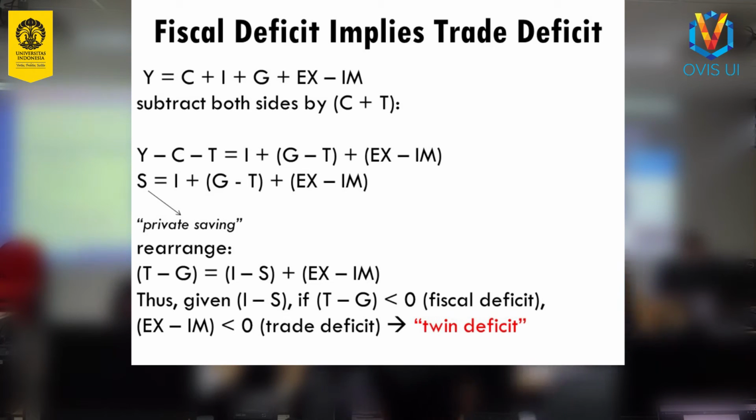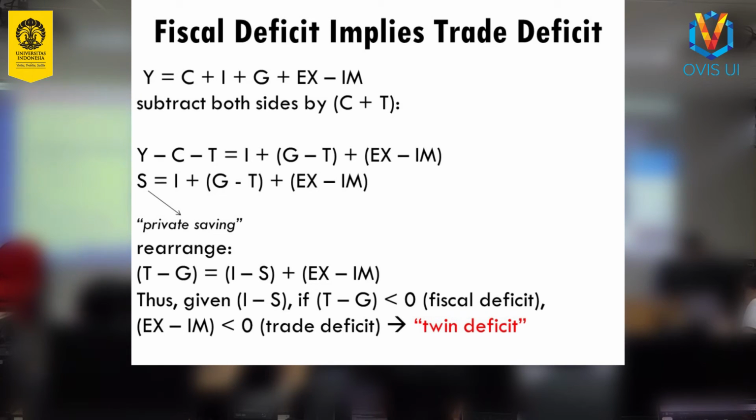T is tax, G is government. So if it is less than 0, that means the spending is more than the tax, right? That's why it's a fiscal deficit. And that happens together with export minus import being negative, which is a trade deficit.